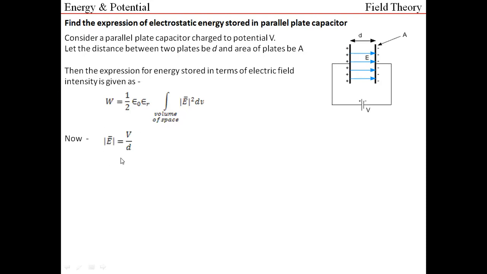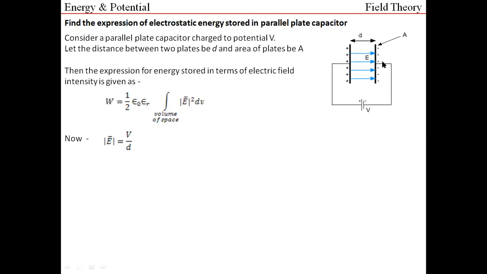Now, what would be the magnitude of electric field intensity here? Let us try to recollect this. This is not difficult to remember. After all, what is the unit of electric field intensity? The unit of electric field intensity is volt per meter.